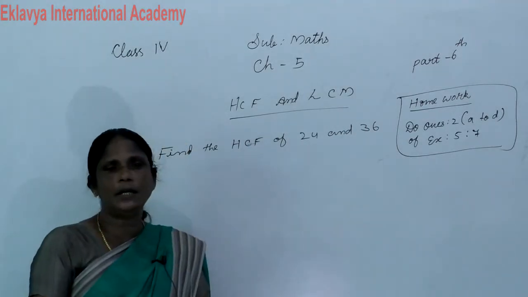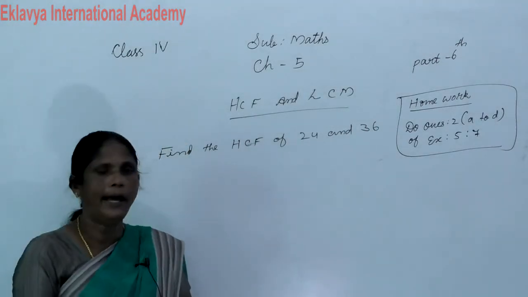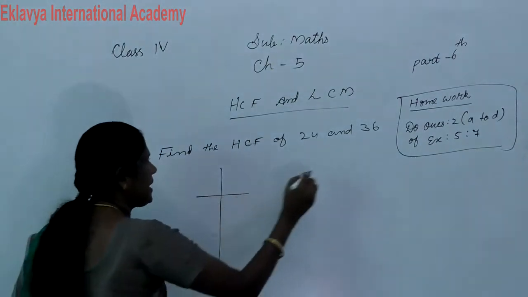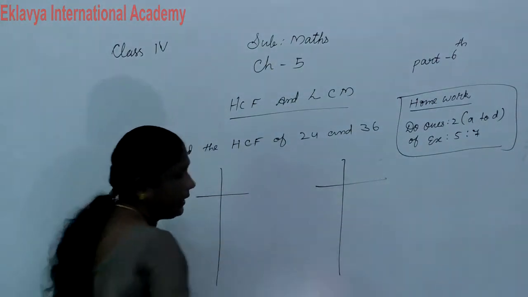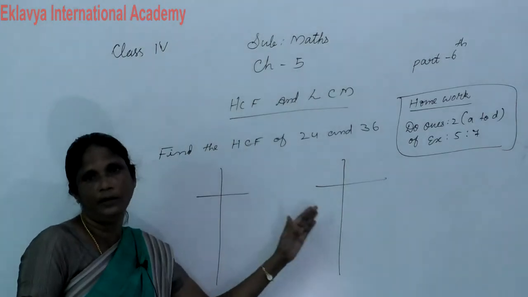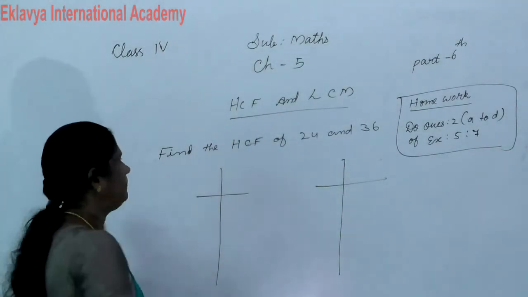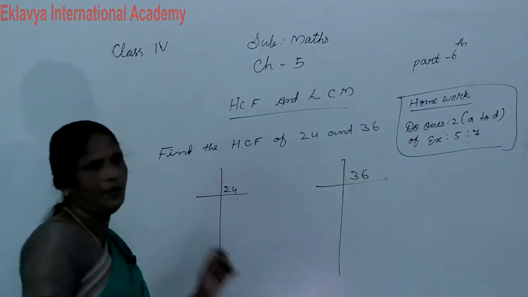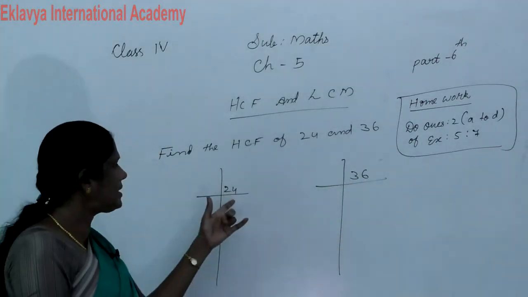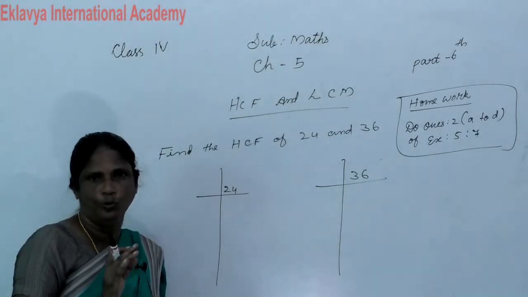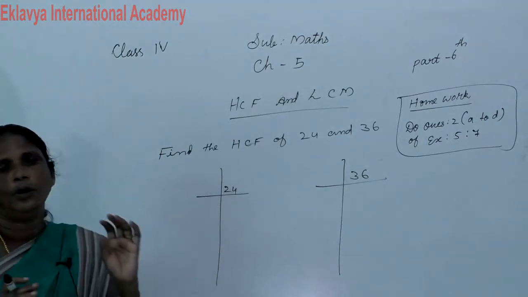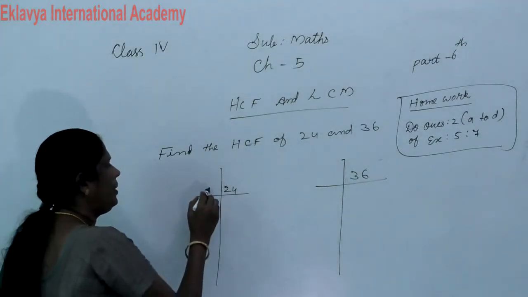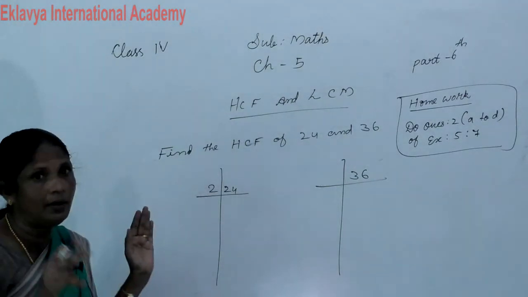Always you find the HCF separately. Okay, then 24 here, 36. Then you check this number. The first prime number is 2. Is this number divisible by 2? Yes. How many times does it go? You divide in your rough notebook.